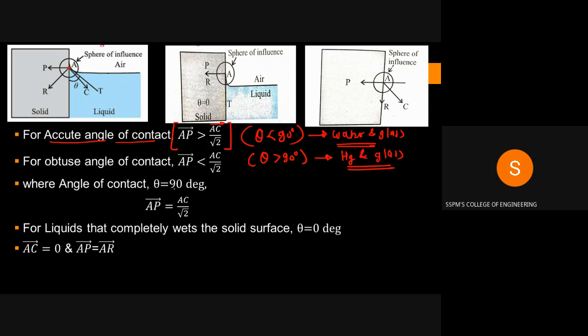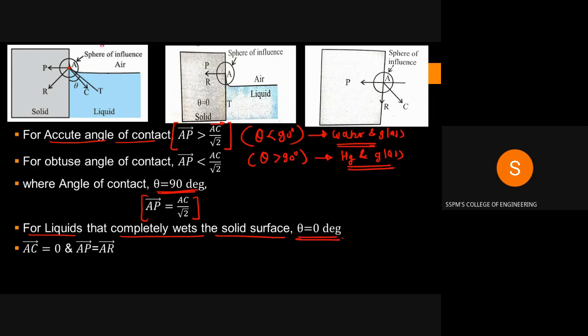And if the angle of contact is exactly 90 degree, this is for the liquid which does not wet the solid surface. Angle of contact theta is equal to 90 degree. The adhesive force is exactly equal to the cohesive force divided by root 2. And for the liquids that completely wet the solid surface, theta is equal to 0.